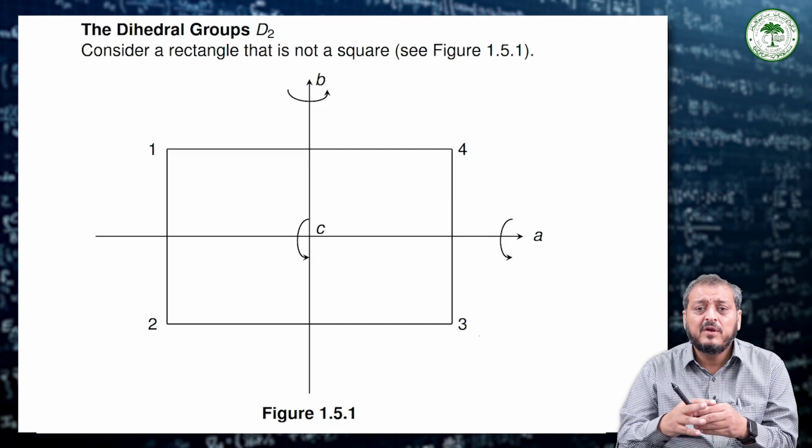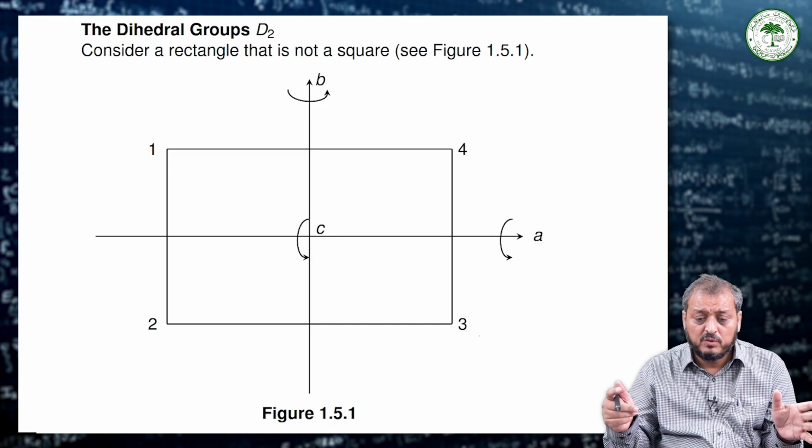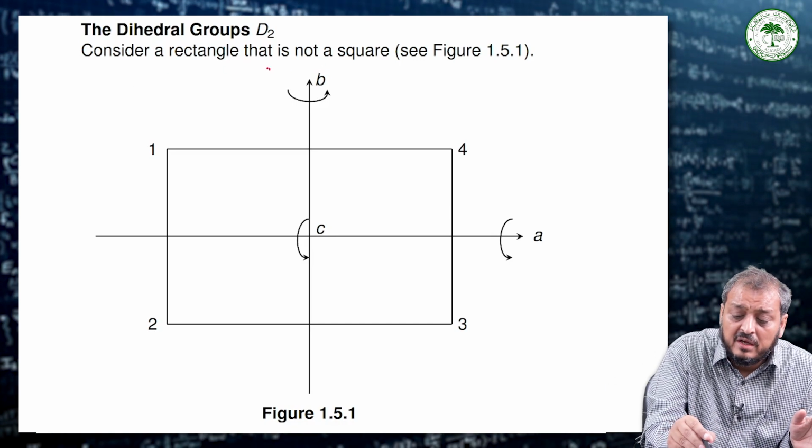Now I just give the example of the dihedral group D2. Now we consider a rectangle that is not a square.